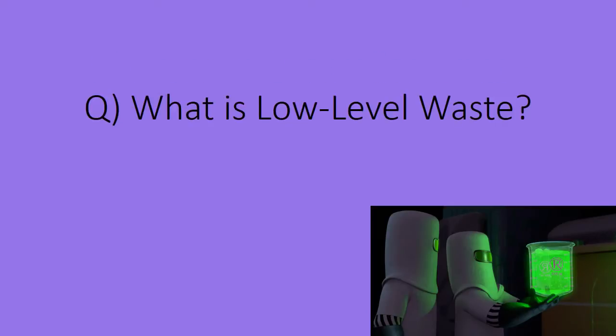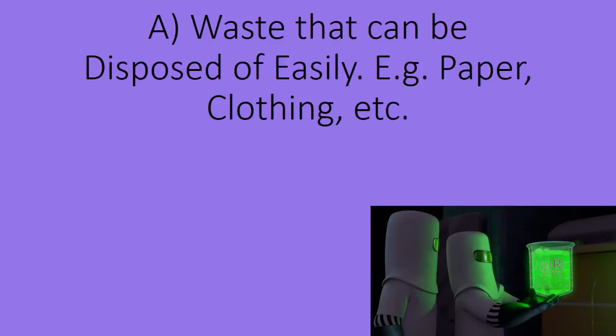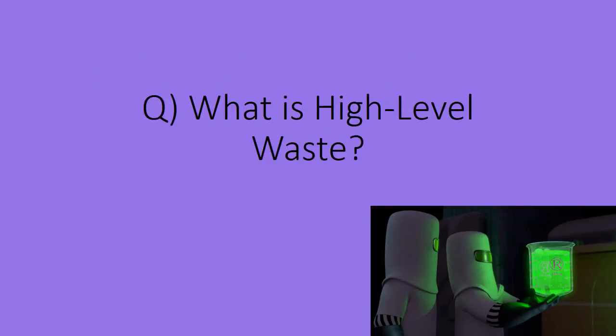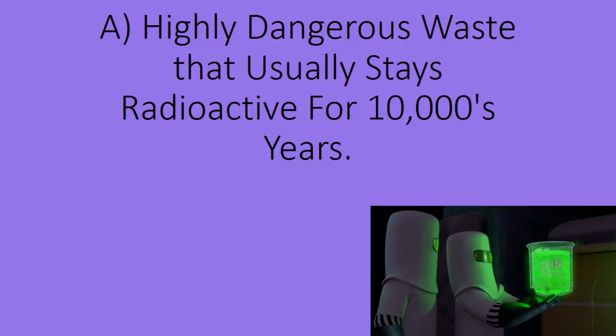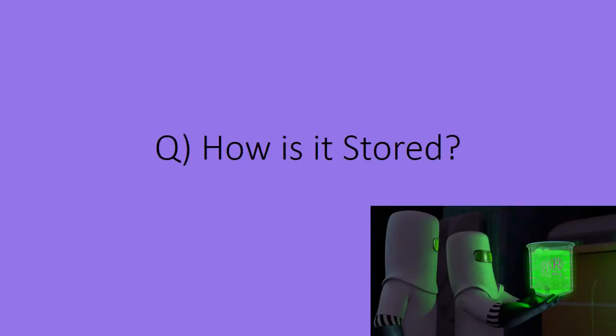What is low level waste? Waste that can be disposed of easily. What is high level waste? Highly dangerous waste that usually stays radioactive for tens of thousands of years. How is it stored?